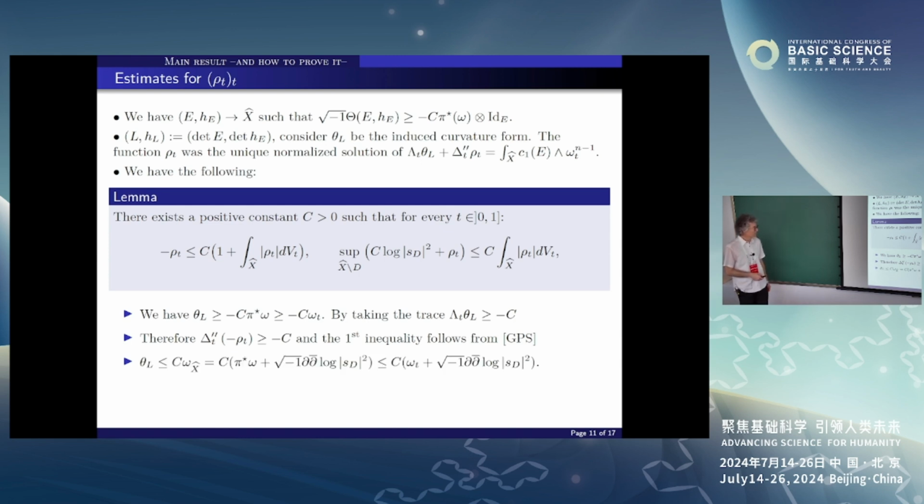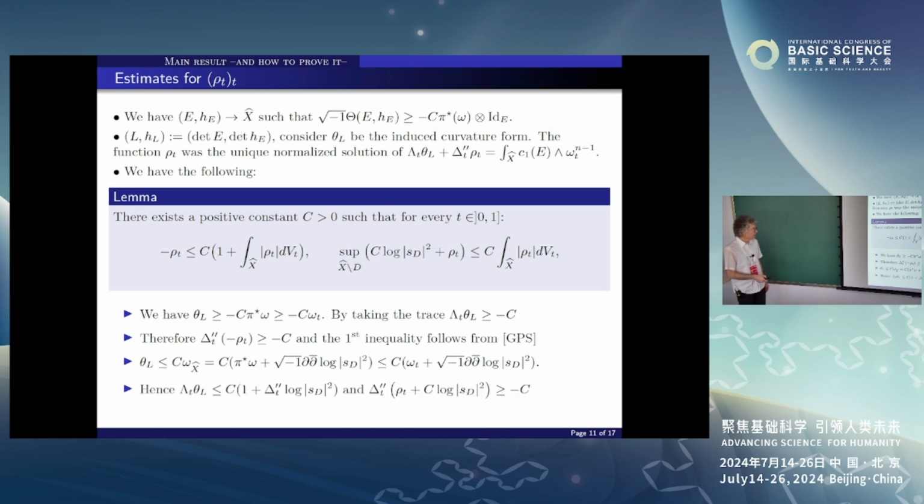And then now you will see why the upper bound is not as good. It's simply because this is a smooth metric after all, so it's bounded by some constant times the metric on x. And this one is expressed like that, right? If you look at the formula I wrote a few minutes ago, that's exactly the expression of the metric here, of course, in the complement of D. And that's our metric omega t plus this guy here. And then smaller than this.